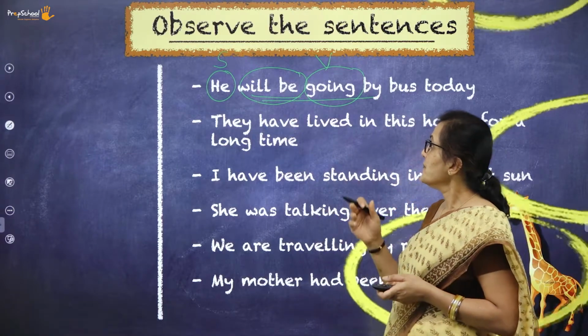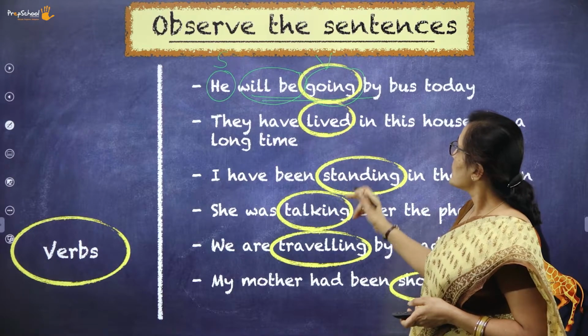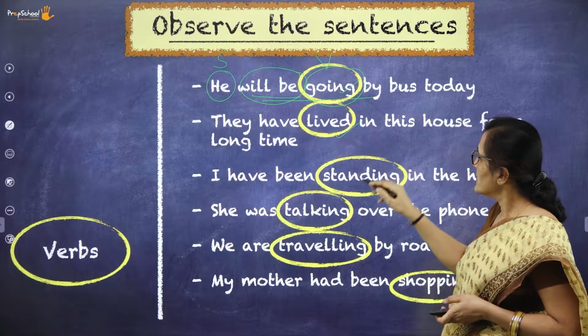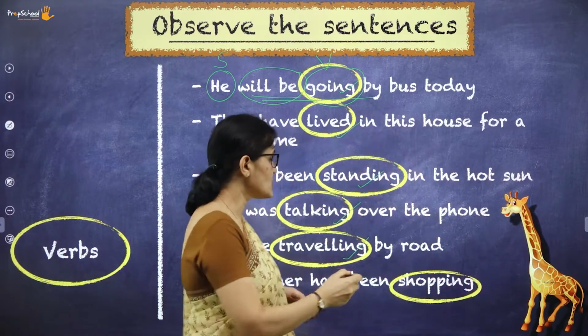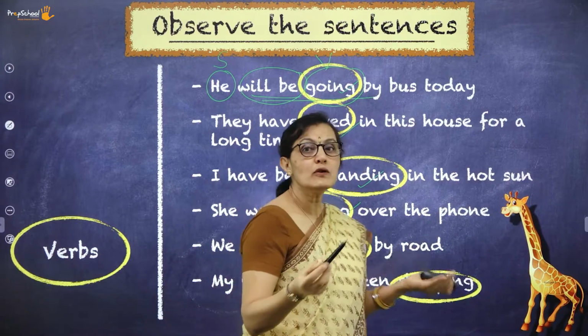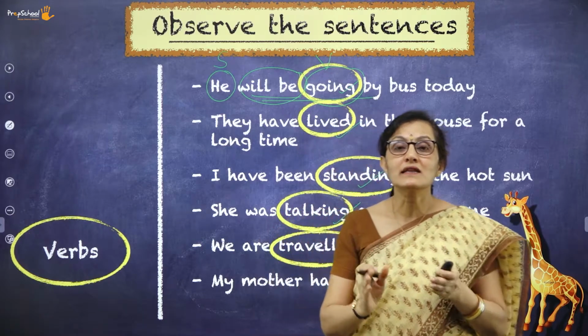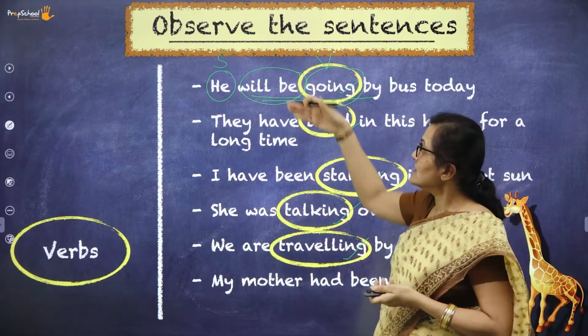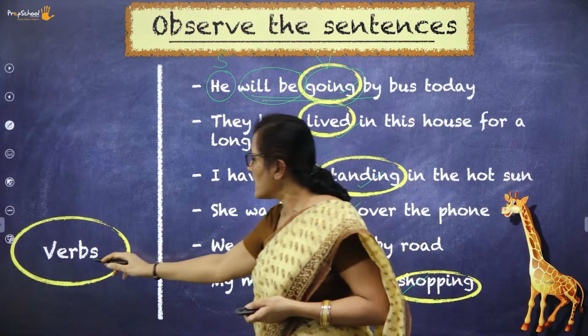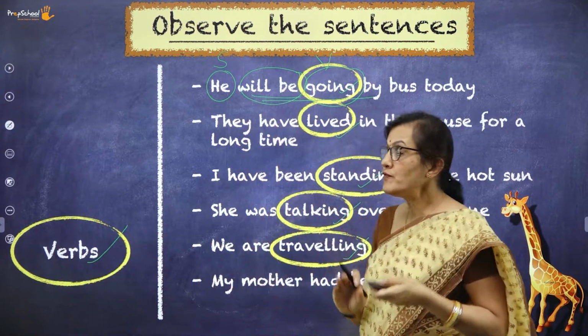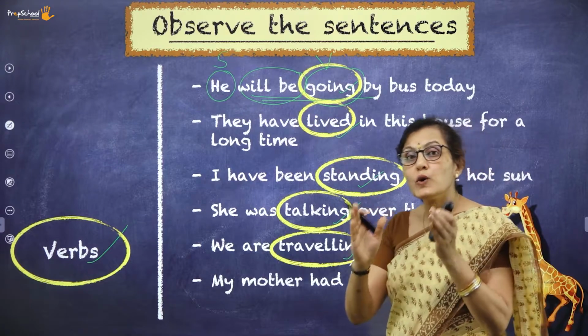Look at these words: going, lived, standing, looking, traveling, and the last one, shopping. These are the action words in the sentences, and these action words are called verbs. Now moving forward to the special verb forms.